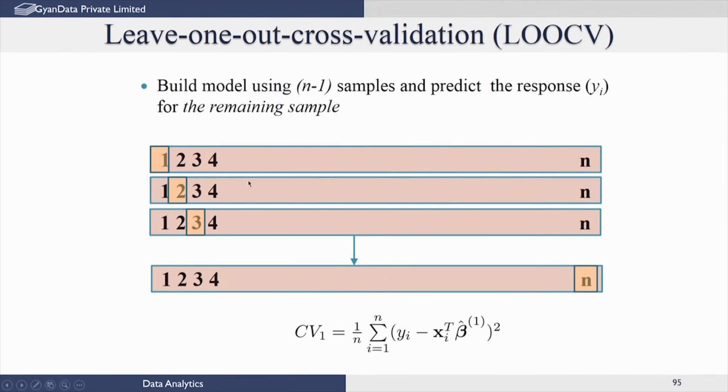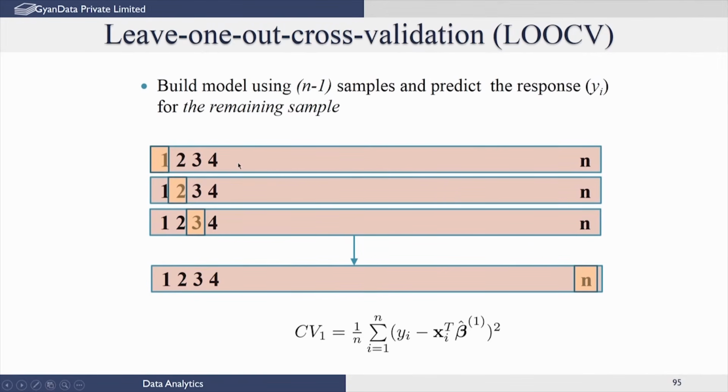Similarly, in the next round you leave out the second sample and choose all the remaining for training, and then use that model for predicting on the sample that is left out. So each time you build a model by leaving out one sample from this list of n samples and predict the performance of the model on the left out sample. This you will do for every choice of the model parameter.